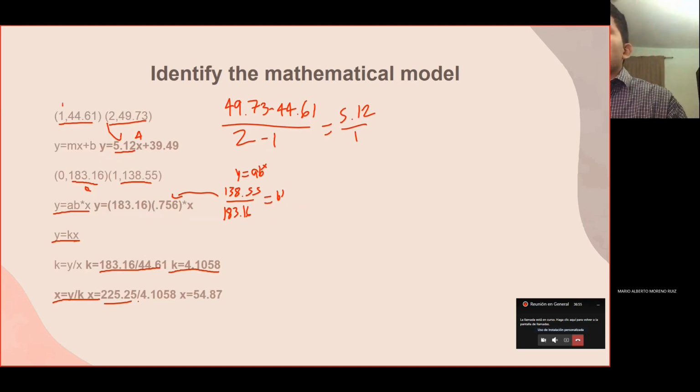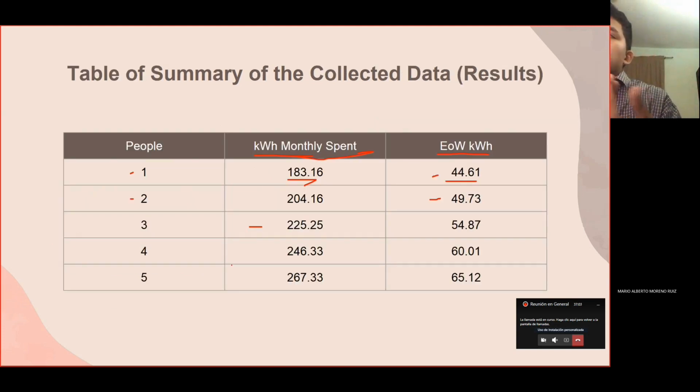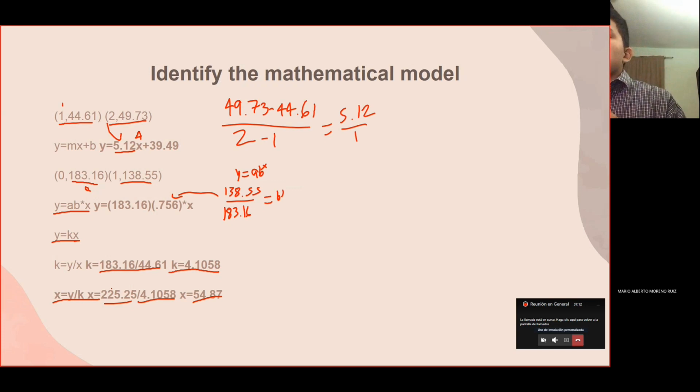With this constant, we can know how much they will save with our system. For example, if 3 people spend more, like 250, they just substitute here 250 over the same number, and they will know how much they are saving monthly.